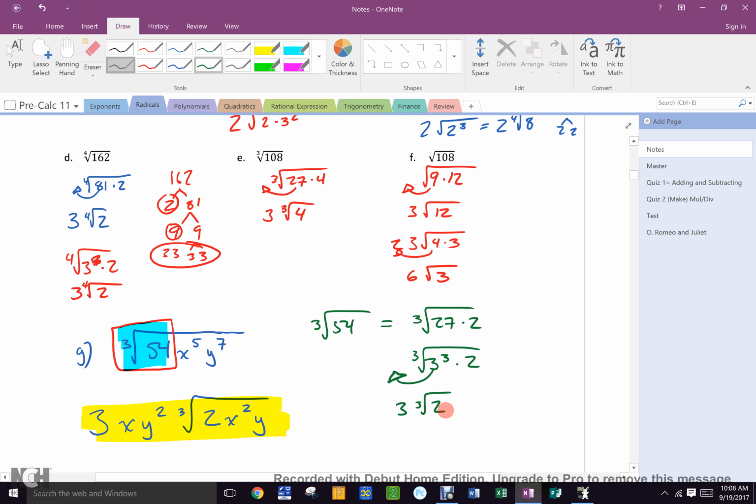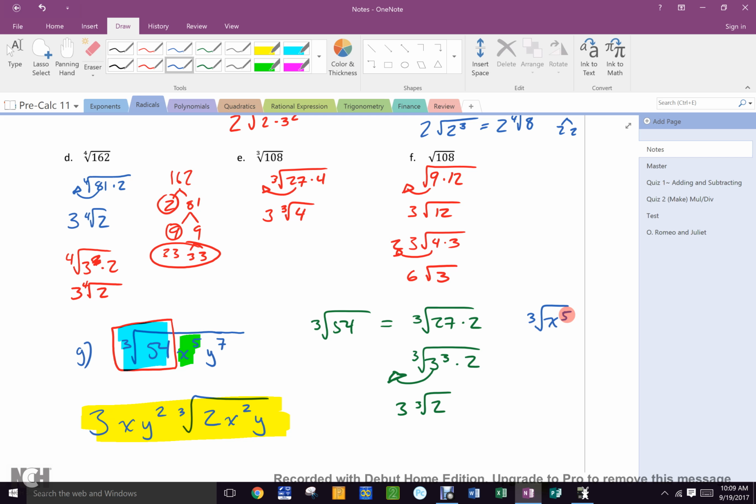Okay. Now, highlighted in green, that is the cube root of x to the 5th, correct? I'm looking at how big a group? 3. How many x's are under there? 5. So how many x's can I take out? 3.